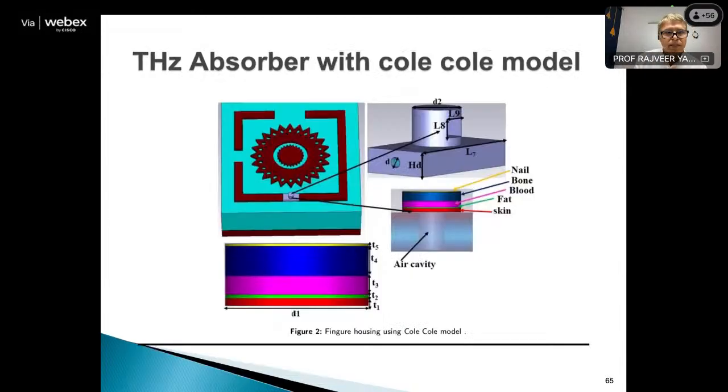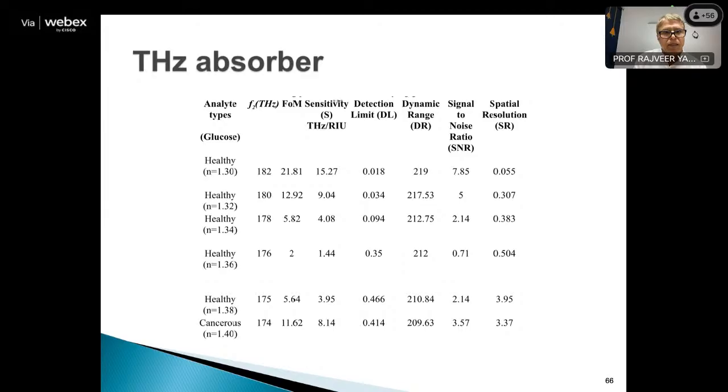Again, these are the parameters we need to know while developing a terahertz sensor. The important parameters are the frequency in terahertz, figure of merit, sensitivity, detection limit, dynamic range, signal to noise ratio, and spatial resolution.